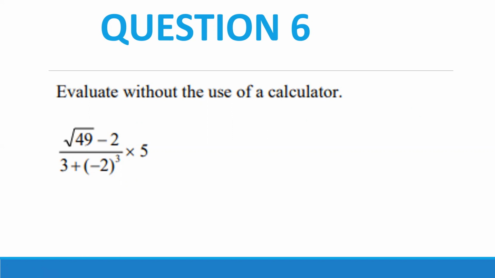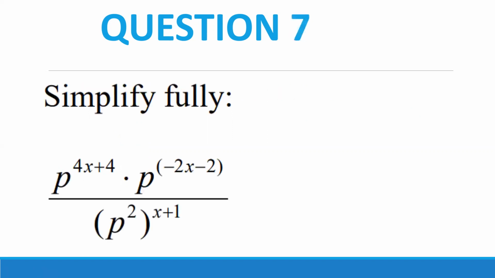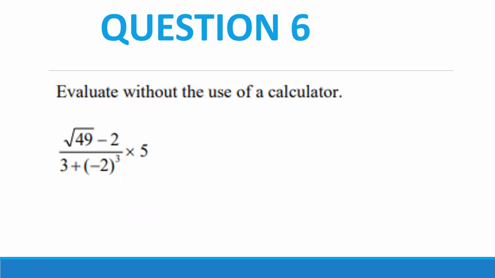Okay, question 6, we are answering now. Square root of 49, how can I take it out? What I know, 49 is 7 squared, right? So minus 2, our step 1, let's write first. And 3 plus, what does negative 2 cubed mean?